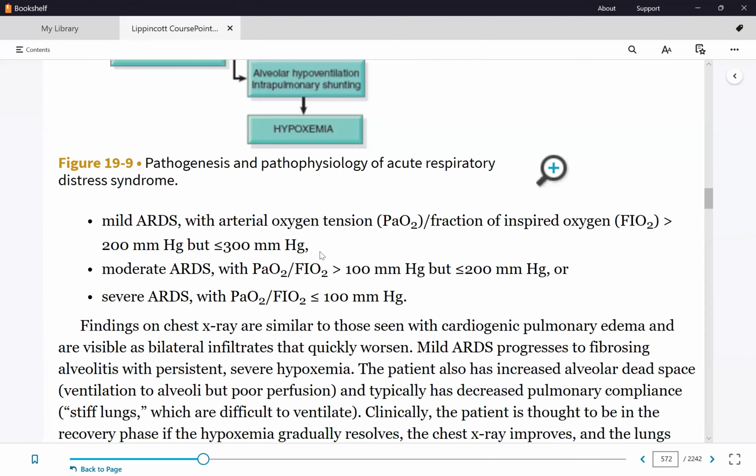And then now you have what we call a PaO2 to FiO2 ratio. So look at this, in severe, just to give you an idea. What does PaO2 FiO2 ratio mean?